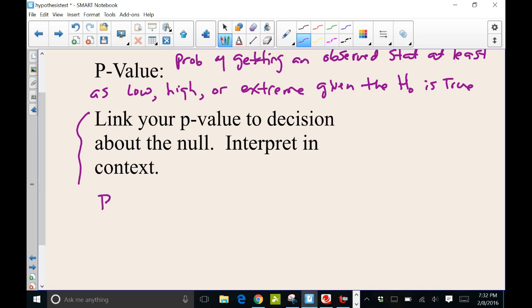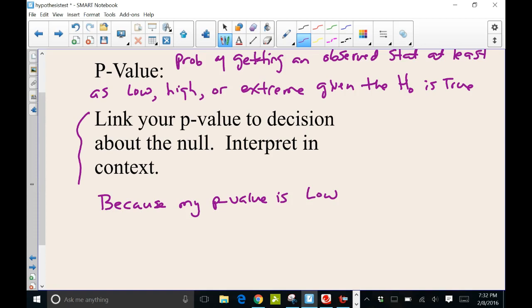So we're going to say, because my p-value is low, and I know what you're thinking, well, what's low? Usually we think of low as anything below 5%.